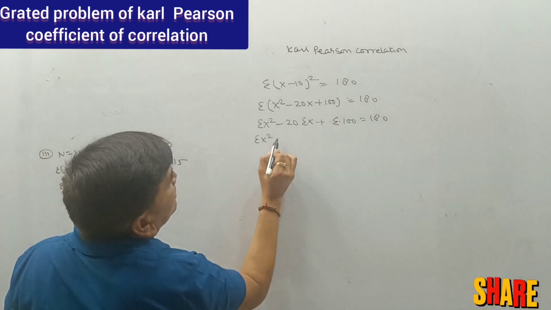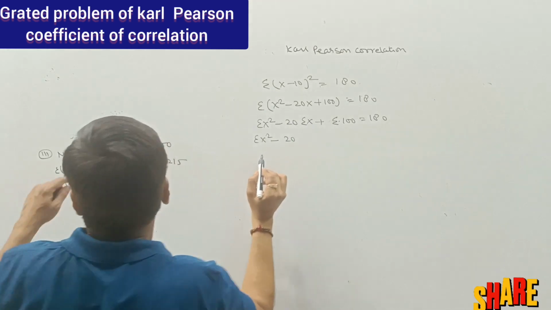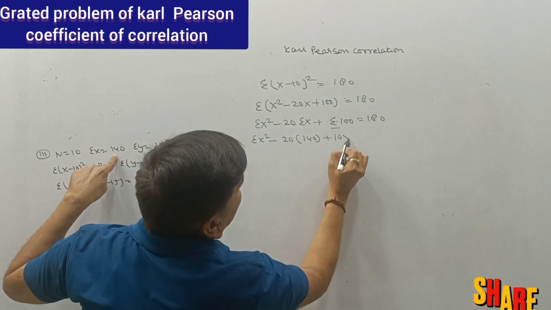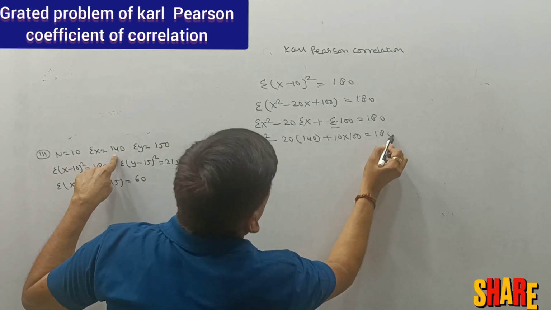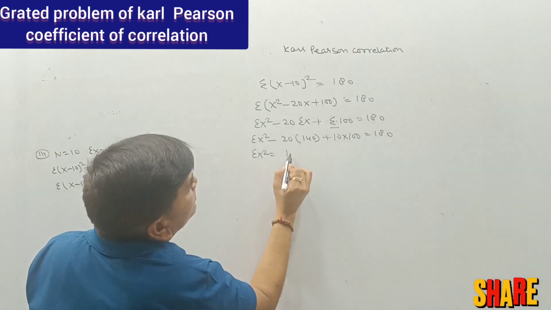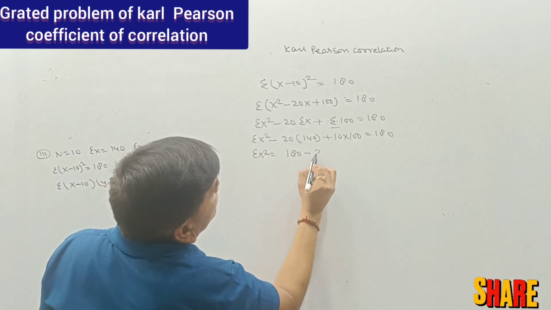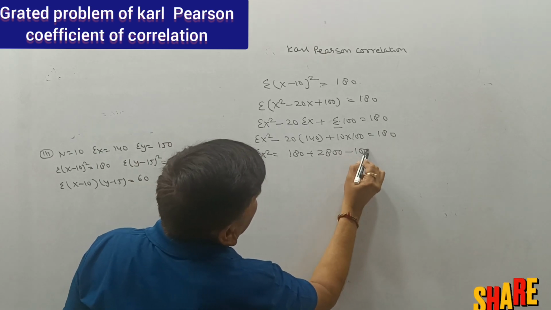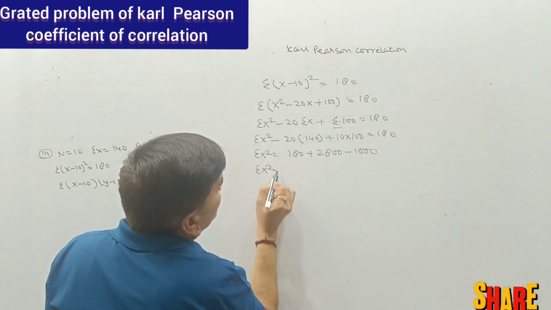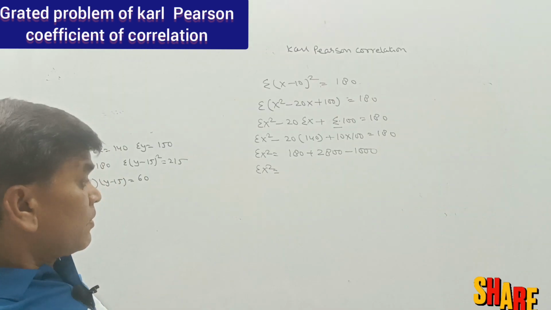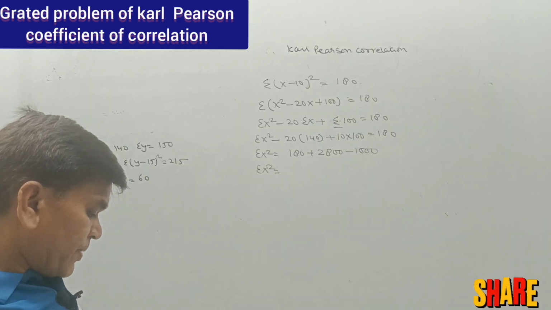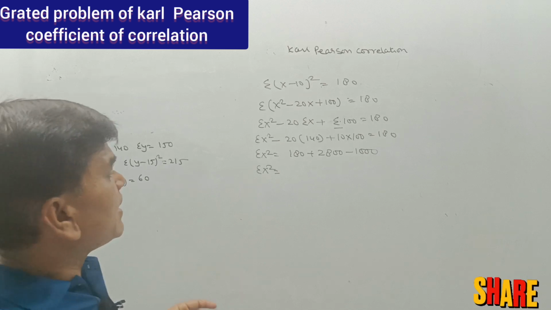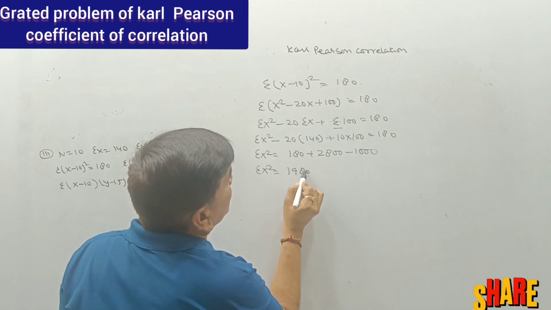So sigma x square minus 20 sigma x, given as 140, plus sigma value, n is 10, multiply 100, is 180. So sigma x square is equal to 180 minus 2800 plus 1000. So sigma x square value will be 2800 plus 180 minus 1000, that is 1980.